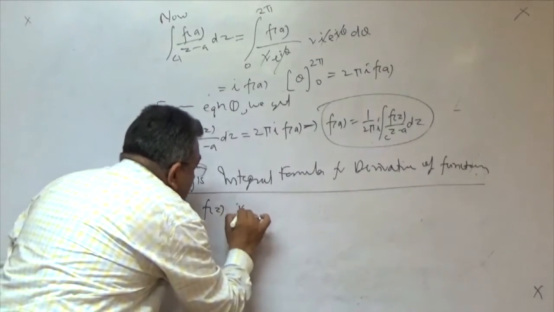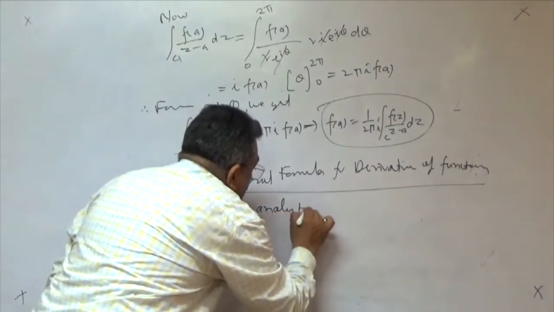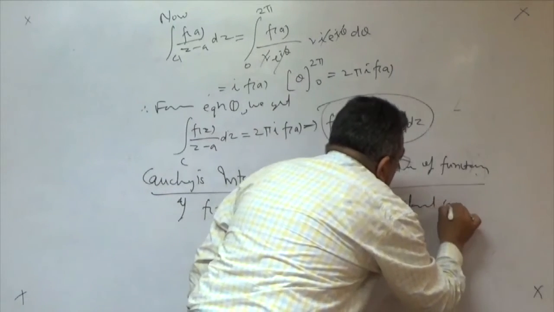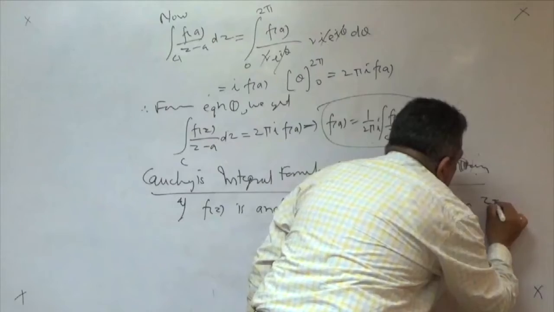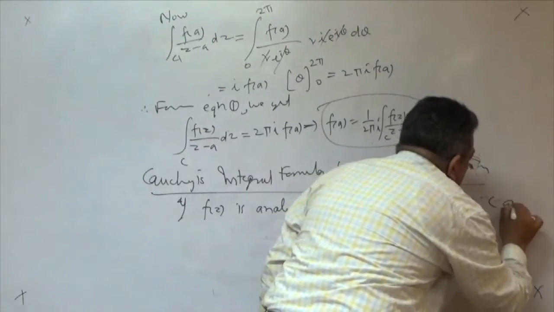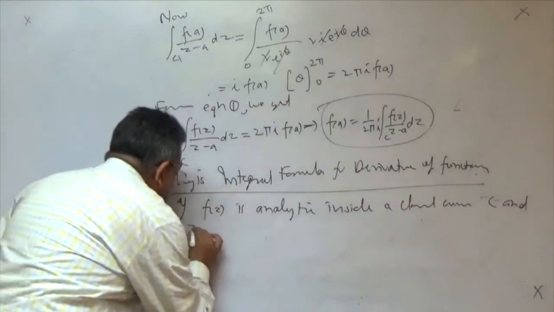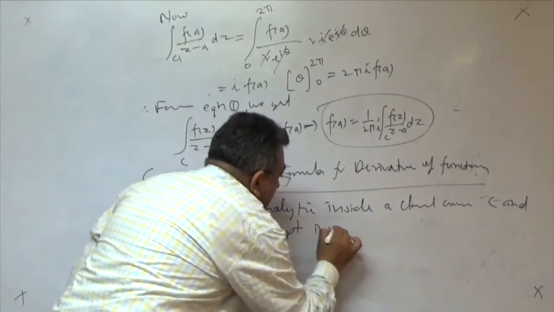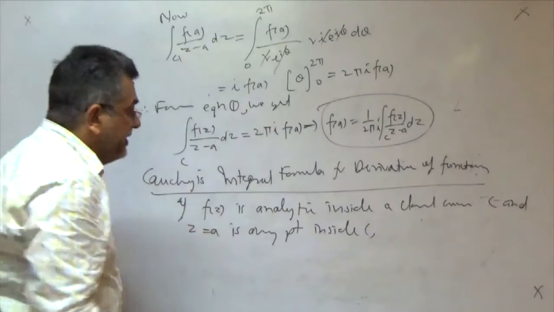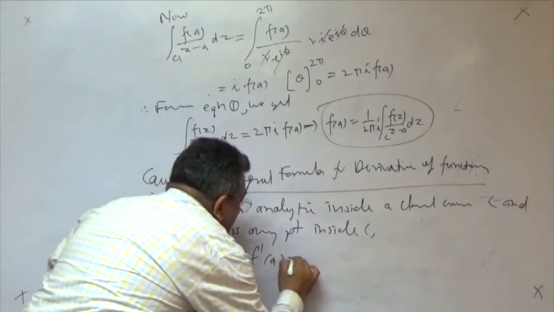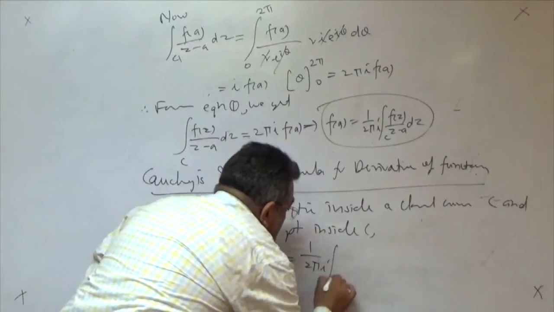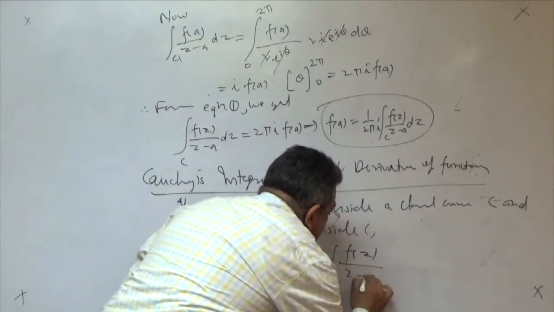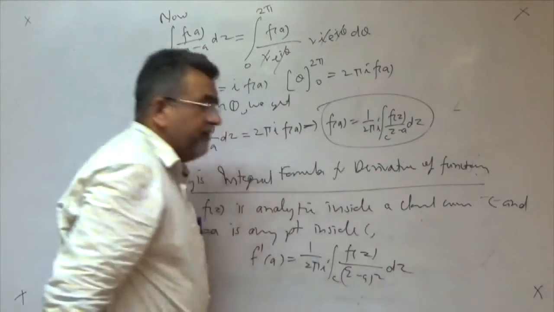If f(z) is analytic inside a closed curve C, and z equal to a is any point inside C, then f'(a) is 1 upon 2 pi i times the integral over C of f(z) upon (z minus a) squared dz.